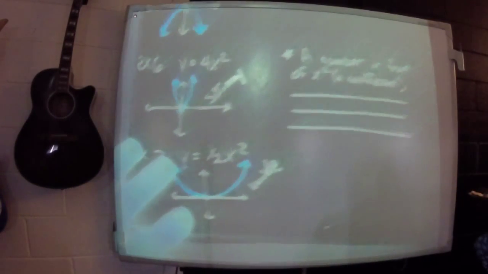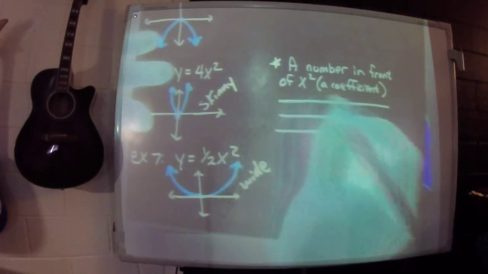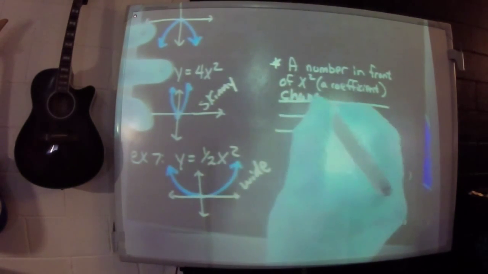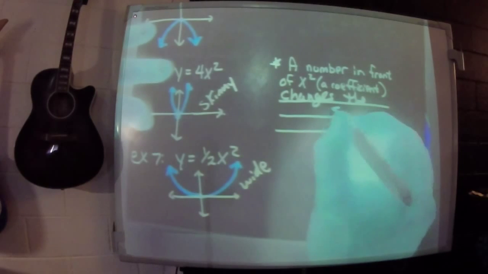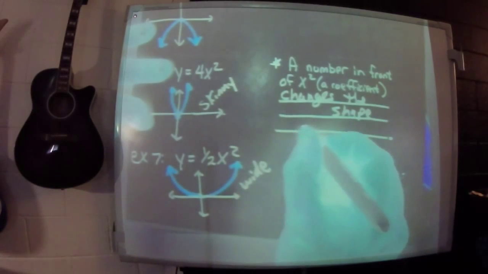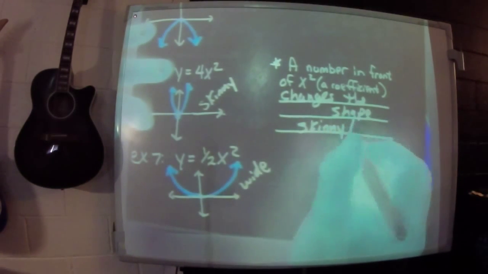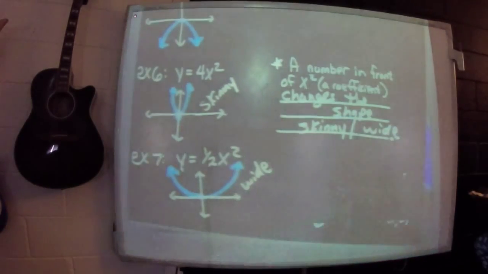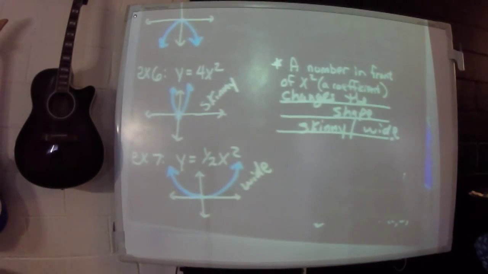So a number in front just changes the shape. Call it skinny or wide. Fractions go wide, numbers go skinny. Just knowing that, a lot of times if you looked at 9x squared, and there's only one really skinny parabola, it's going to be that one.